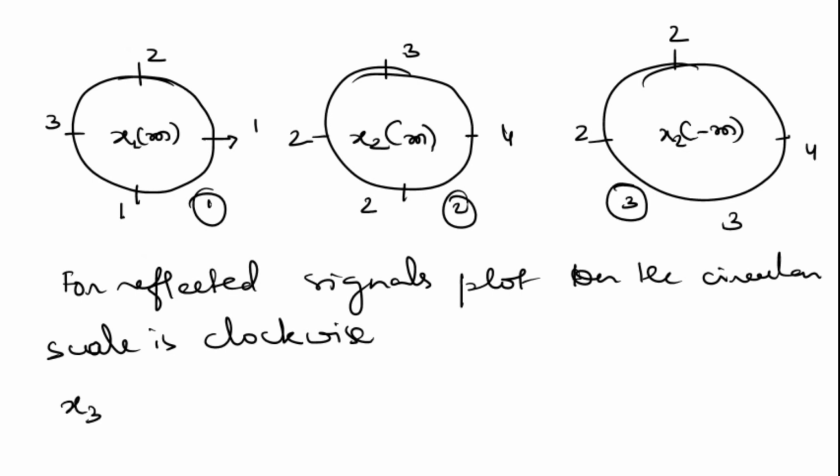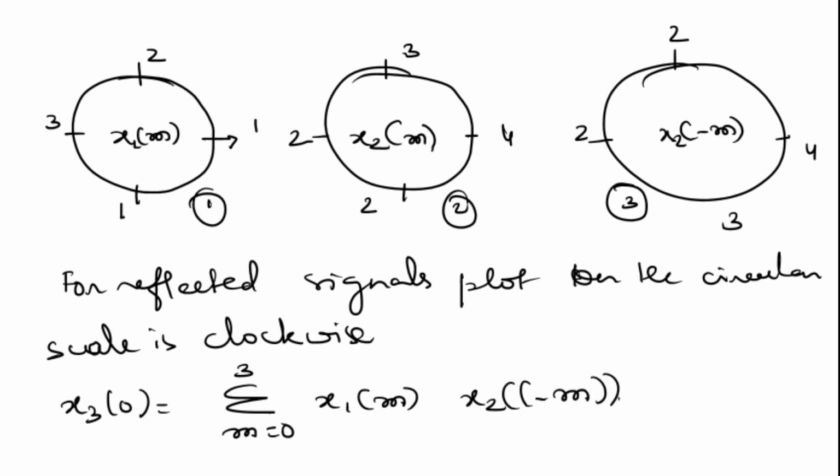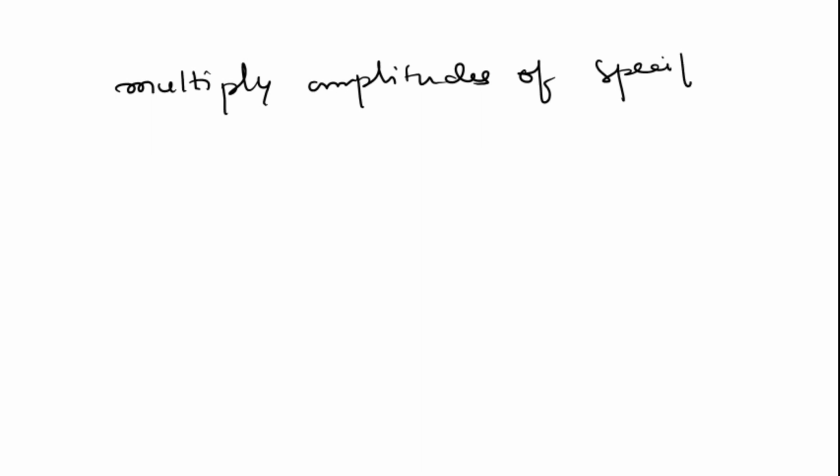Now we have to find out x3 of 0, which is equal to summation m is equal to 0 to 3 x1 of m into x2 of minus m of 4. Now we have to multiply the amplitudes of specified points.